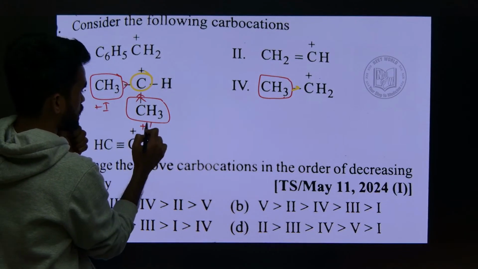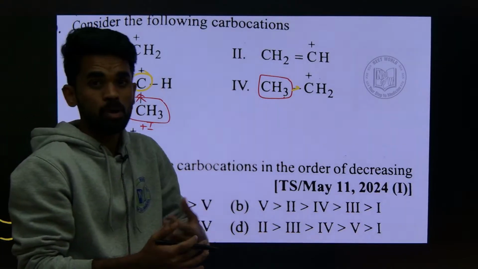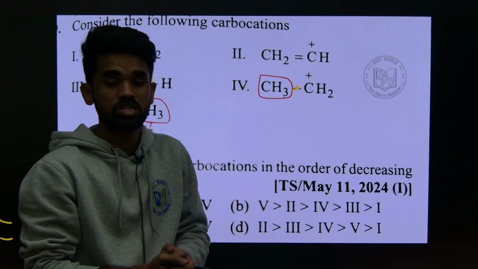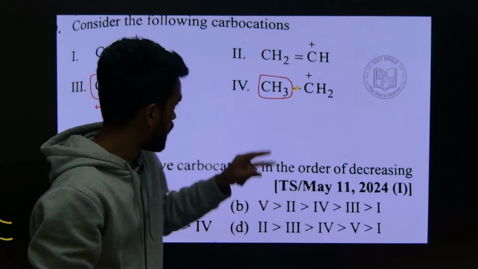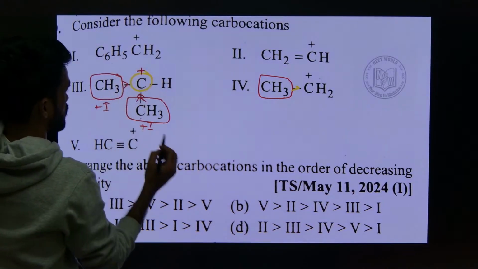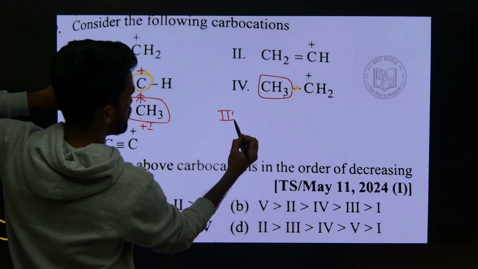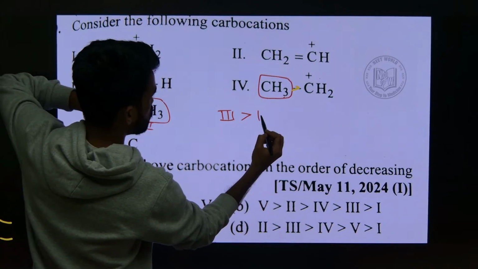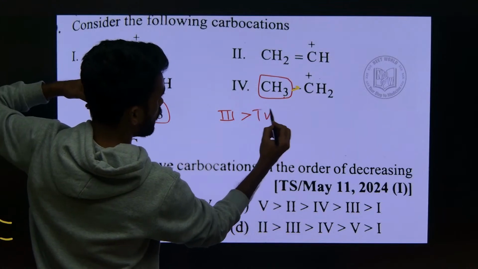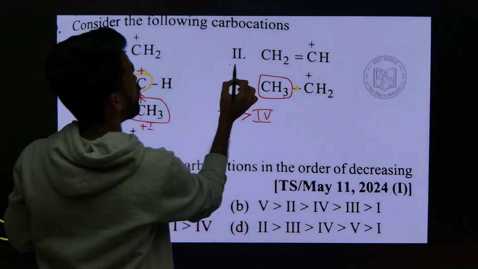Okay, 2 +I groups, and the stability of these alkyl groups will be more properly explained using hyperconjugation. We will study in the upcoming session, but as of now you remember, more +I groups, more will be the stability of this carbocation. Okay, so out of this 3 and 4, I can say 3 is more stable than 4. Okay, and after these two things, you can see option 5 and option 2.